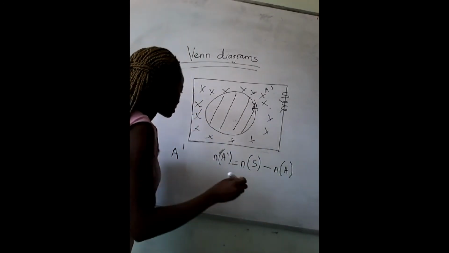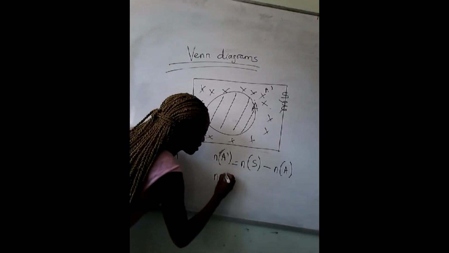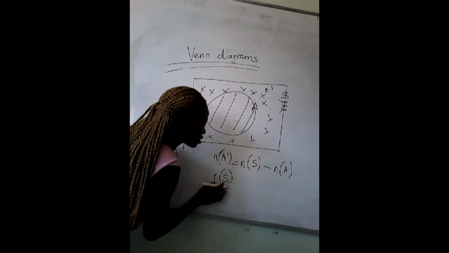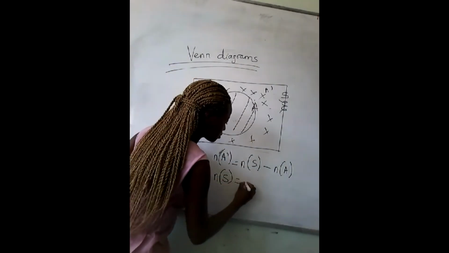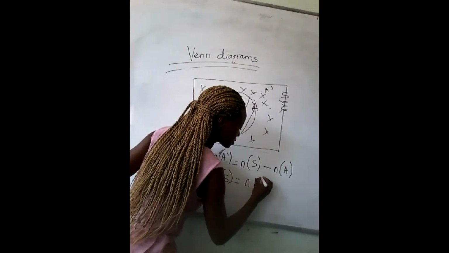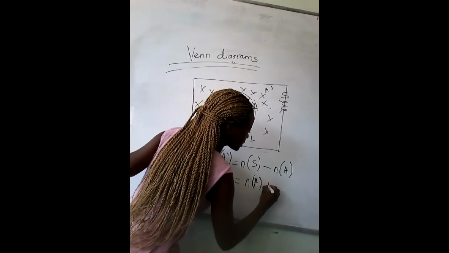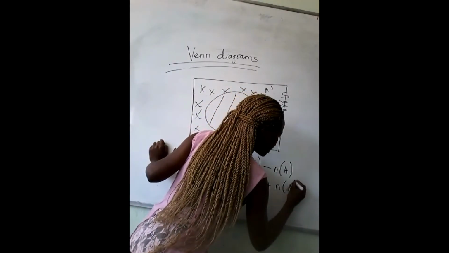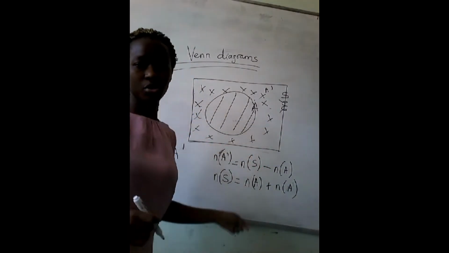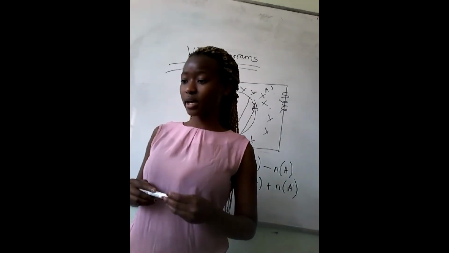Hence, this means that the number of possible outcomes in S is equal to the number of outcomes in A plus the number of outcomes in the complementary of A. So it will be written like this. Okay, guys?